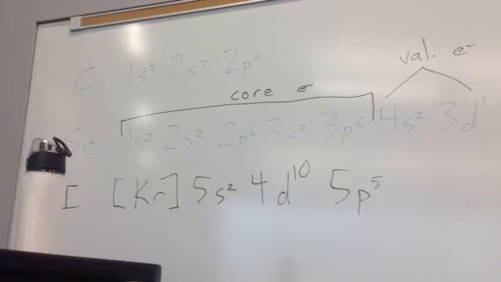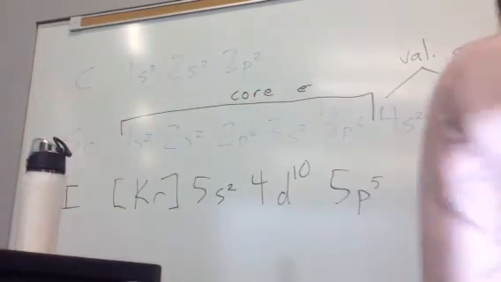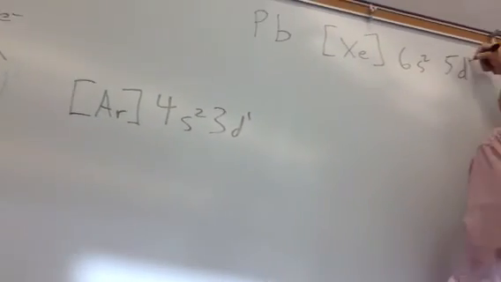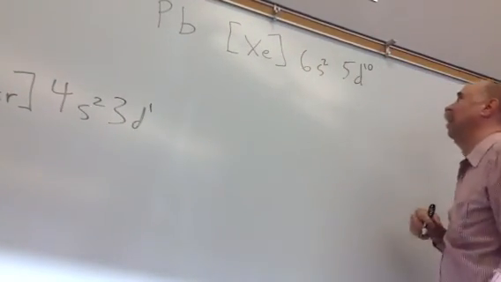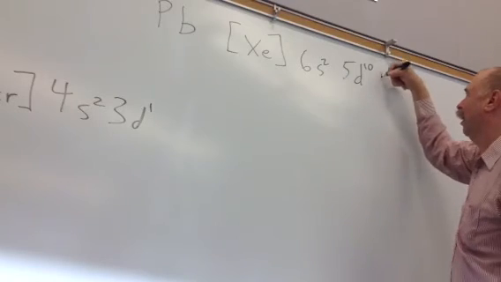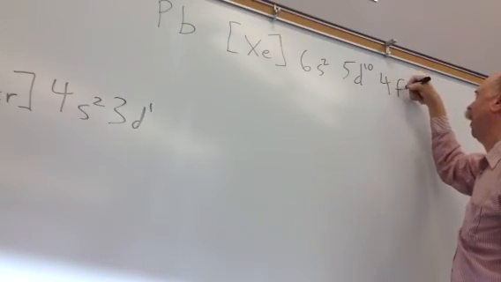So again, 6 S's here. These are gonna be the 5Ds, and we're gonna fill them all the way up to get to lead. So I'll write the 5Ds down. And then in the middle of those 5Ds, they had the 4Fs.